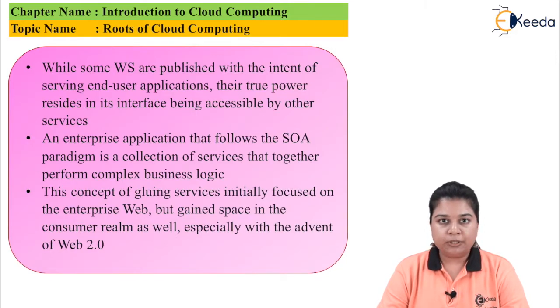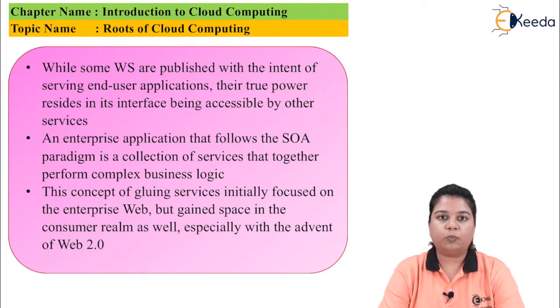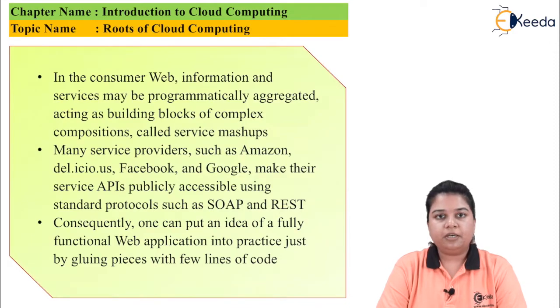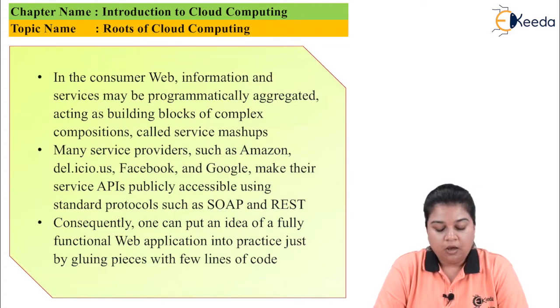This concept of gluing services initially focused on the enterprise web, but gained space in the consumer realm as well, especially with the advent of Web 2.0. In the consumer web, information and services may be programmatically aggregated, acting as building blocks of complex compositions called service mashups.